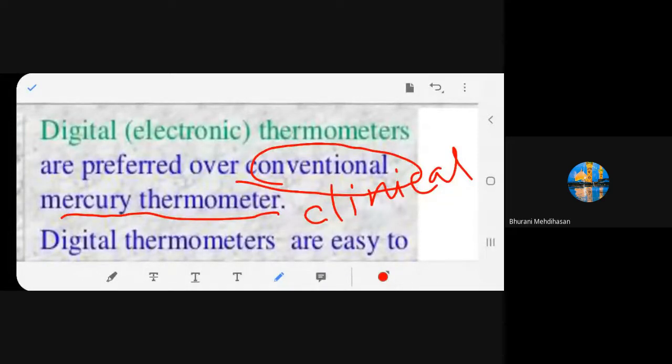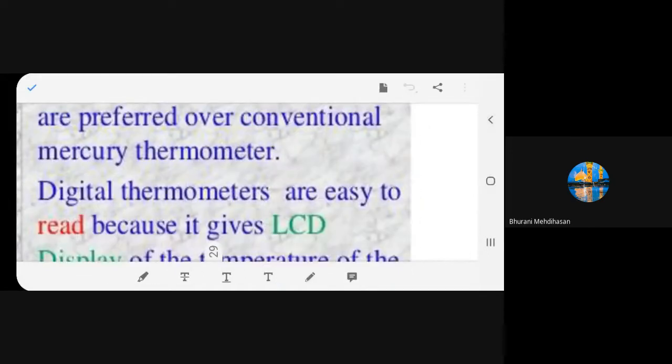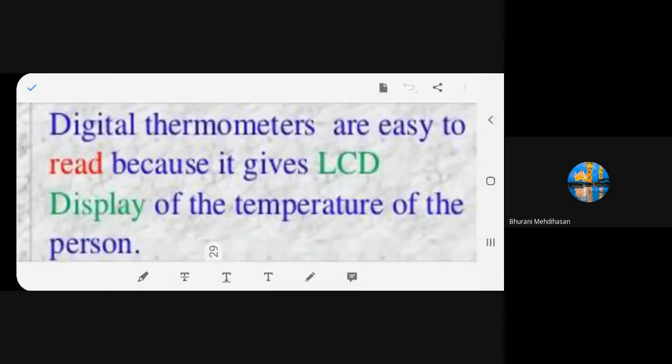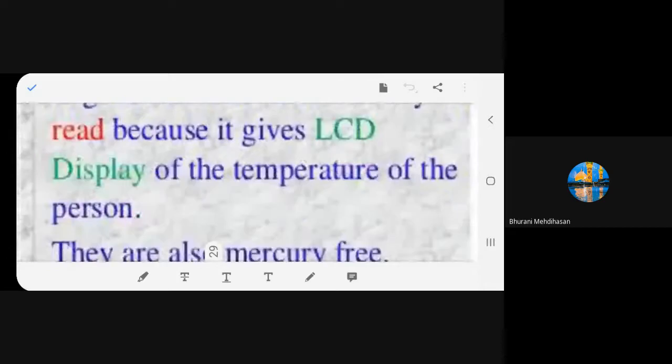But nowadays, the digital thermometer is used because it is easy to read, having an LCD display. You don't have to look very minutely at the mercury reading. It is available to anybody. And second, it is used because it's mercury free.